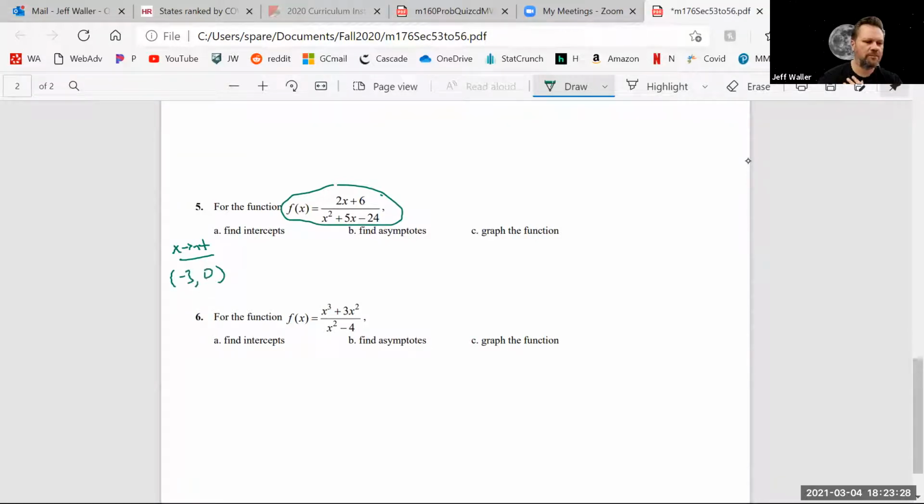And what's the multiplicity on that? Yeah, it's 1. It's not square or anything. It's multiplicity 1, so it's going to go through its x-intercept. So does that still apply? Of course it does. Even if it's a rational function, I can still look at multiplicities. What's the y-intercept?